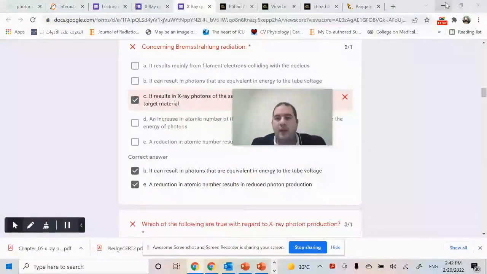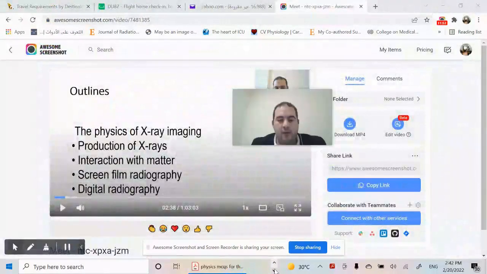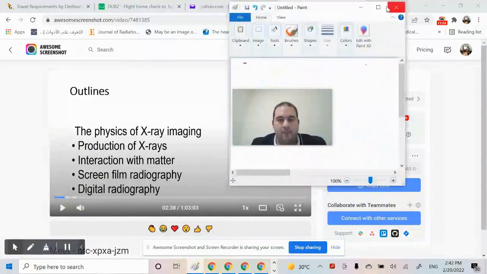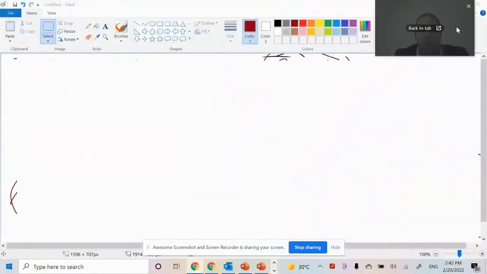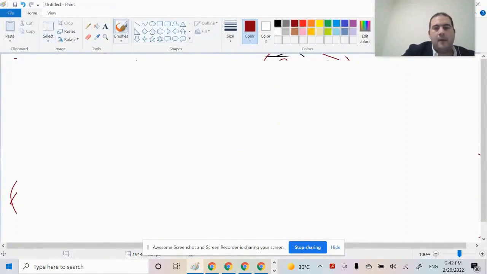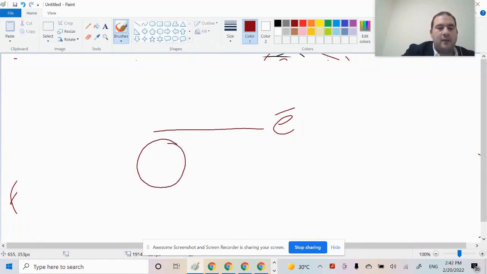The second type of interaction that occurs is bremsstrahlung X-ray. I have an electron coming from the cathode that interacts with the atom around it and produces a photon for me.